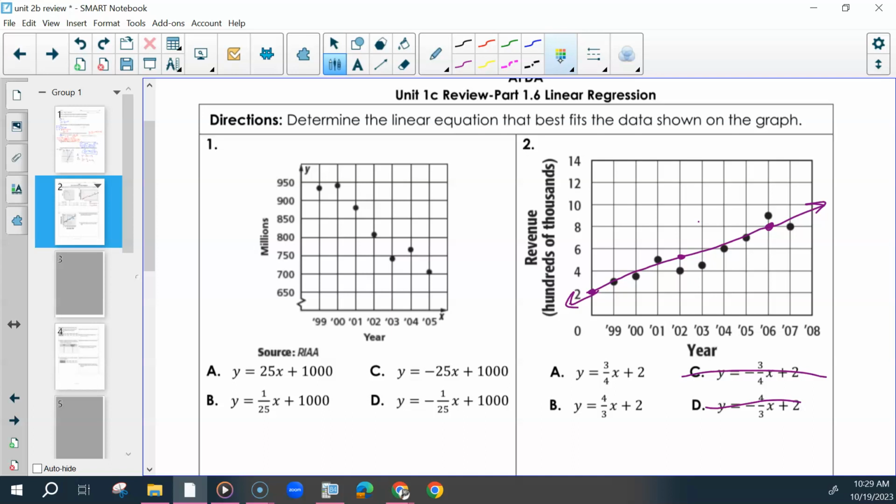So we'll start at 2, we'll go up 4, and over 3. So which one do the points surround more, the purple or the red? Or A or B? A.